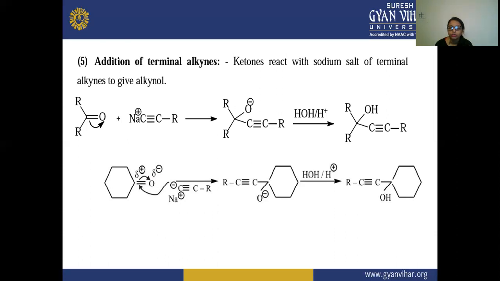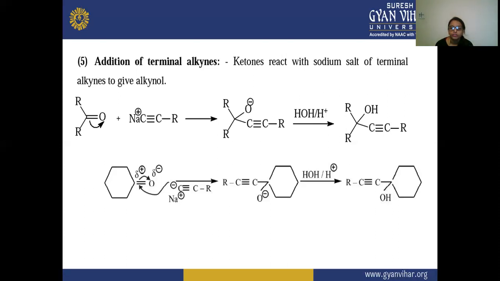The 'ol' is for the alcohol which is attached to this molecule, and 'alkynyl' is for the alkyne part that is attached to this molecule. This is your alkynyl that is formed. In the second, this is the mechanism that is given here. You will see that oxygen is withdrawing electrons, and the Na part will attach to this portion.